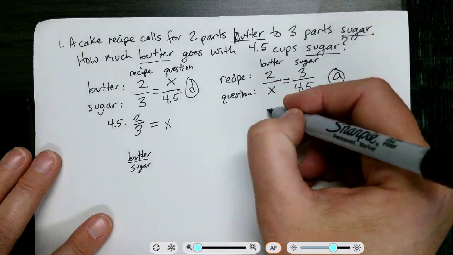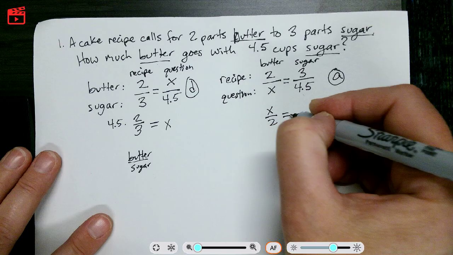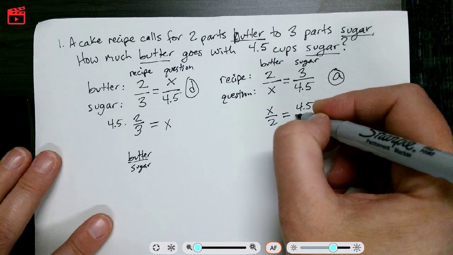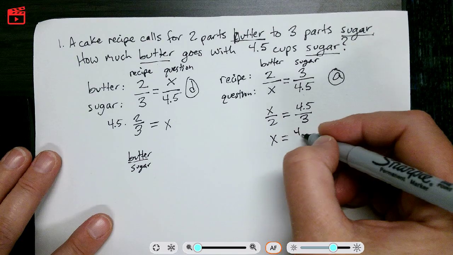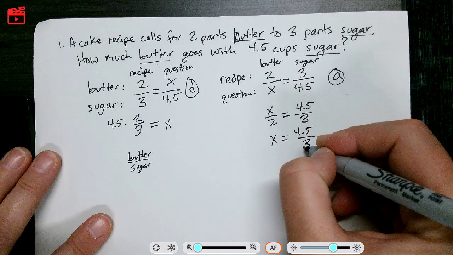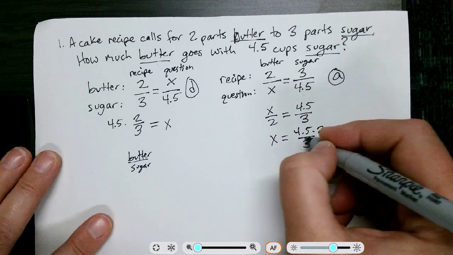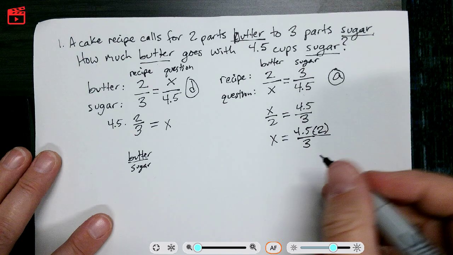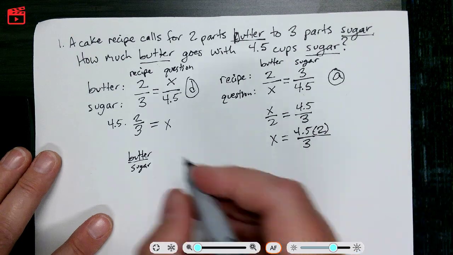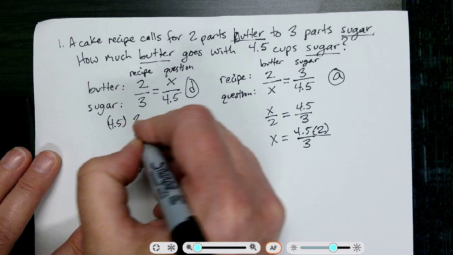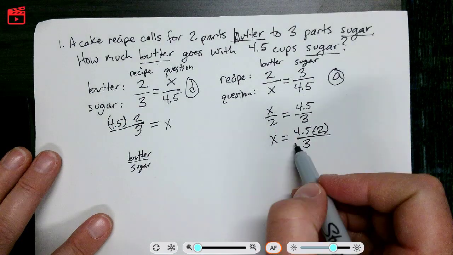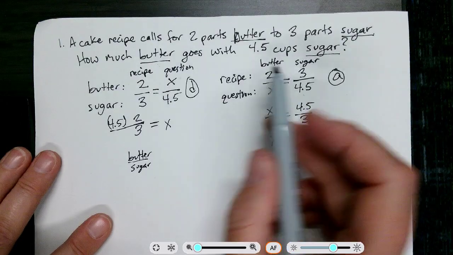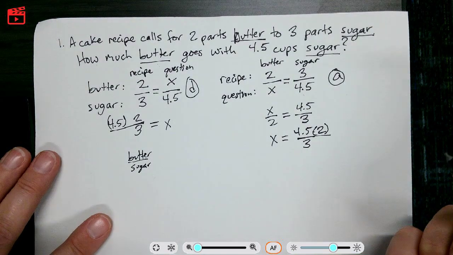I have to flip it to start solving it, but I end up with X equals 4.5 over 3 times 2. So 4.5 times 2 over 3, 4.5 times 2 over 3. They're the same value because these equations are equivalent.